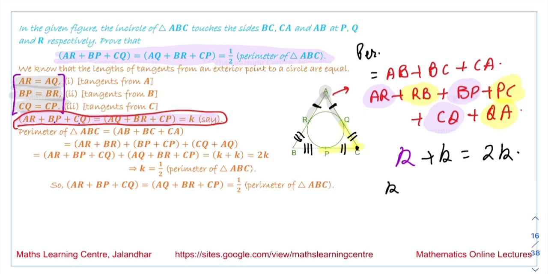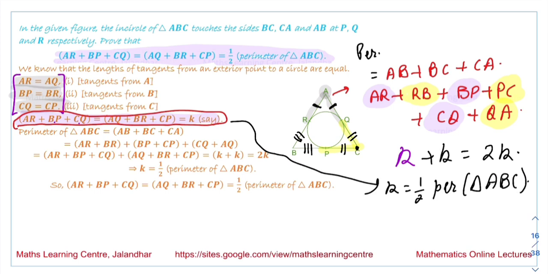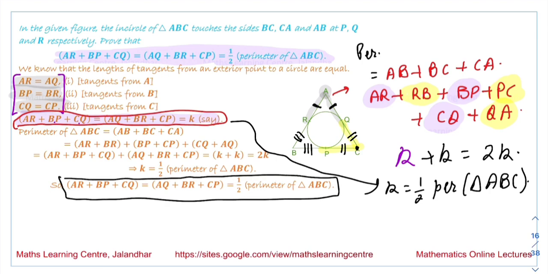So K is equal to half the perimeter of triangle ABC. Now combining these results, we obtain the final result that is to be proved.